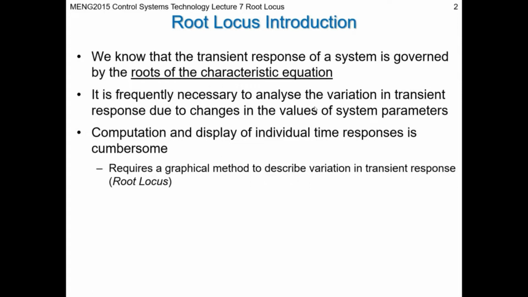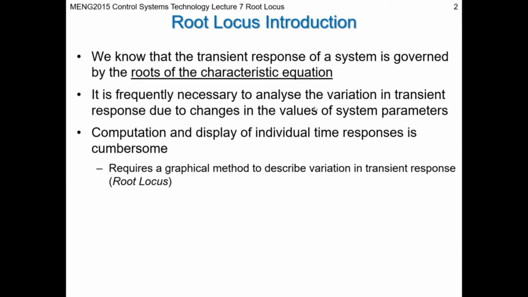If I calculate it for the first gain and draw the response, then calculate it for the second one, draw another response, then the third one, draw another response, that's a long-winded, cumbersome approach to determining how your gain affects your time response, right? If you have to plot each one and infer from that, it's long-winded and cumbersome.